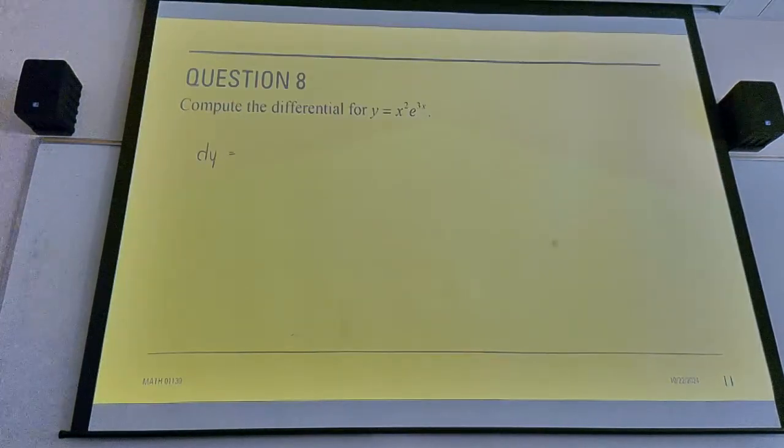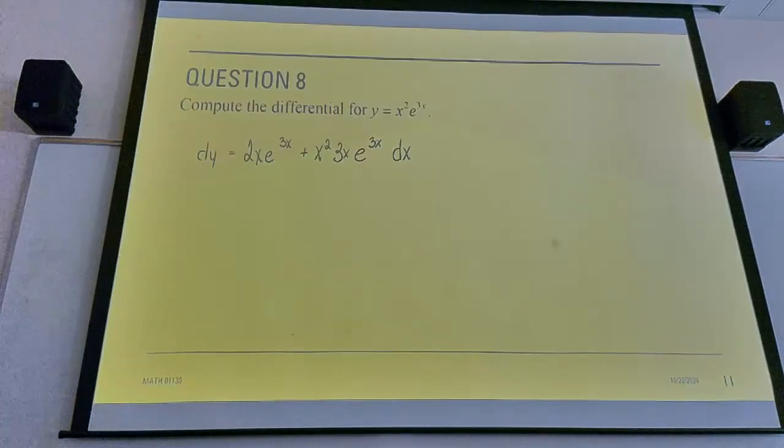Two x times e to the 3x plus x squared times 3 times e to the 3x. What did you say it was? I guess 3x. No, it's the same thing. x squared times 3x is the same thing. dx. Like that. Would you put it all in parentheses, dx?